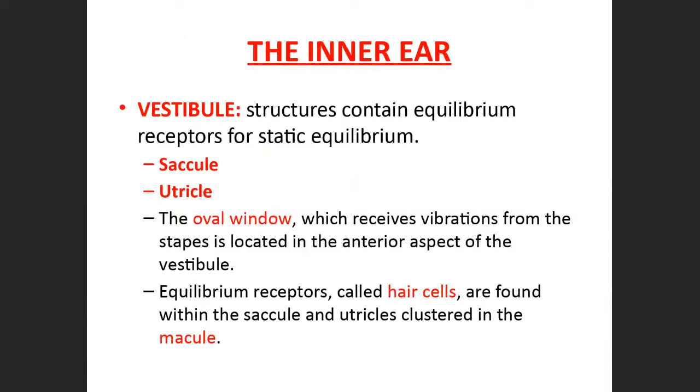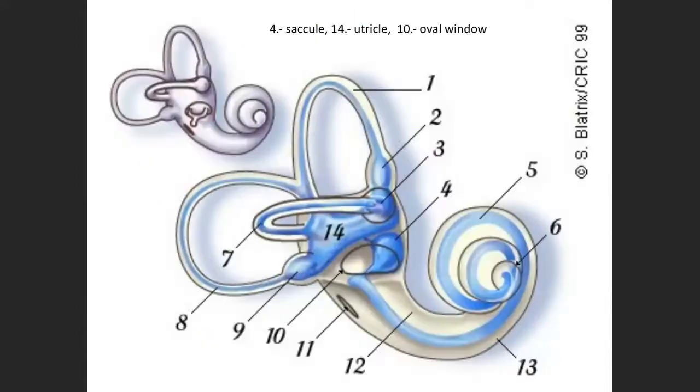Okay, so now it's just a matter of, again, reviewing all these structures. This is, again, something else I found on the internet, and I thought it was good at showing you the bony labyrinth versus the membranous labyrinth. So here, the 8 and the 7 will be the semicircular canals.